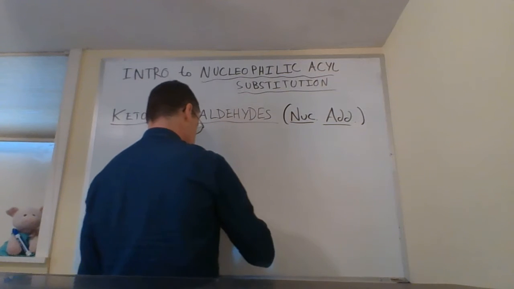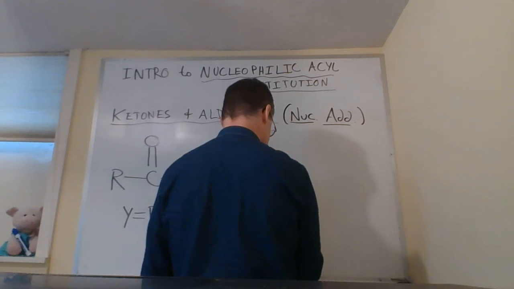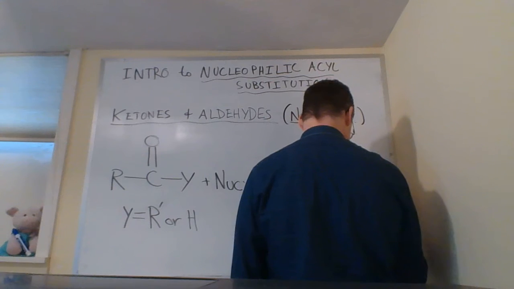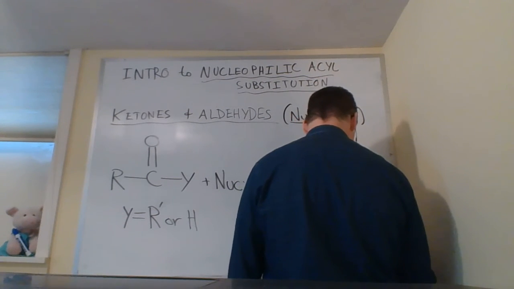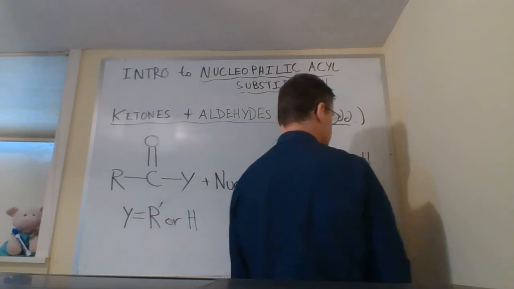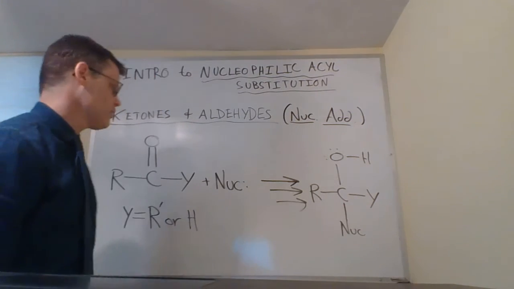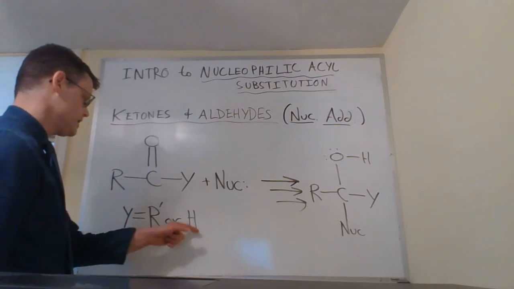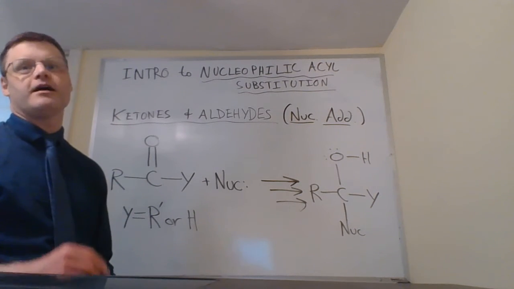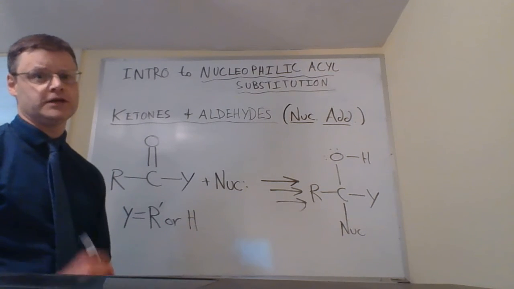That would react with a nucleophile over some number of steps. The nucleophile would add to that carbonyl carbon. At some point, we would probably have a proton transfer, but the Y group would stay there, because H or C here are going to be a poor leaving group. H minus or C minus are very basic, which makes them poor leaving groups.